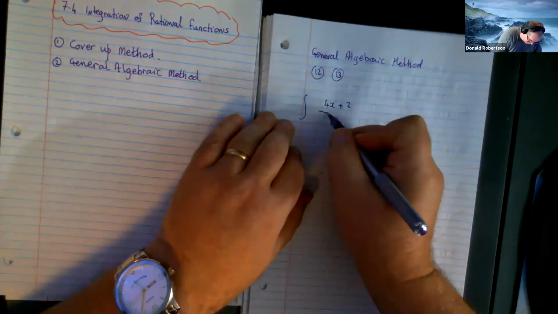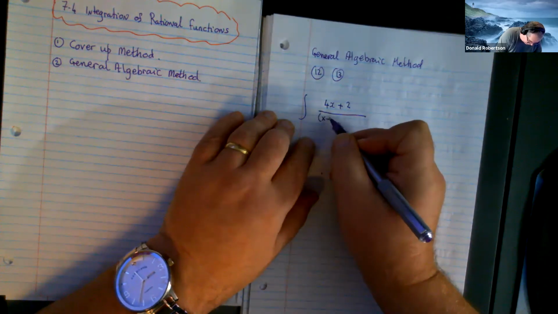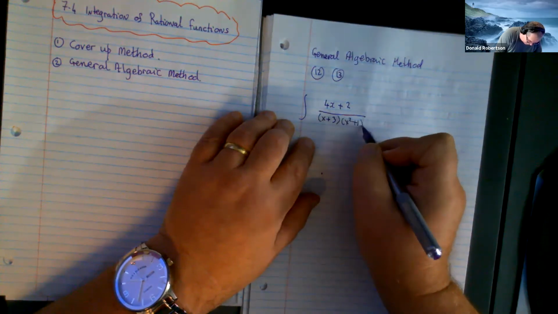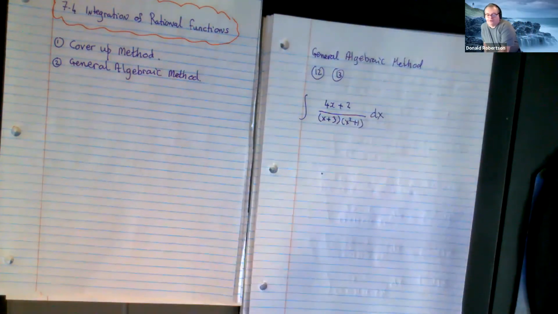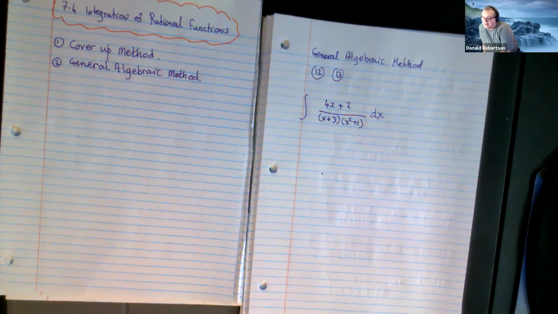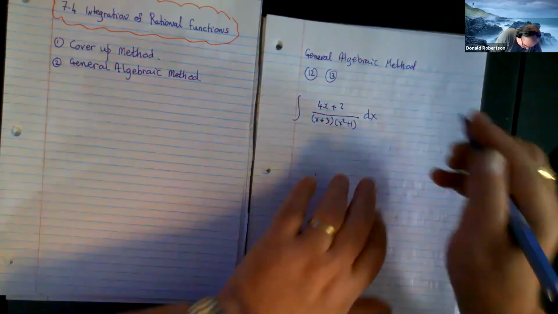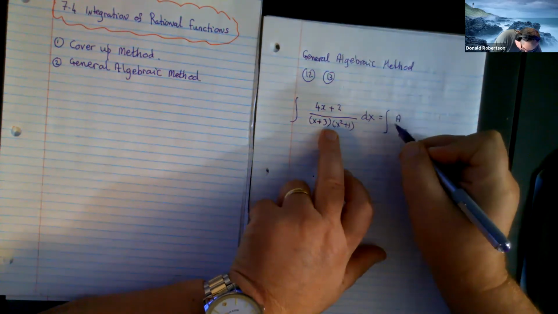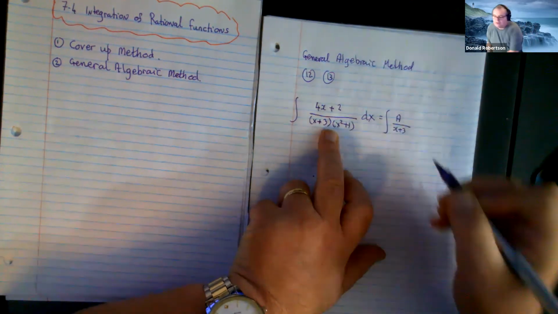So here's my version. Do you notice that this one has an x squared plus 1 in it? That's what makes it a bad guy, right? You can't use the cover-up method. So this is how the algebraic method starts. You break your fraction into its partial fractions.